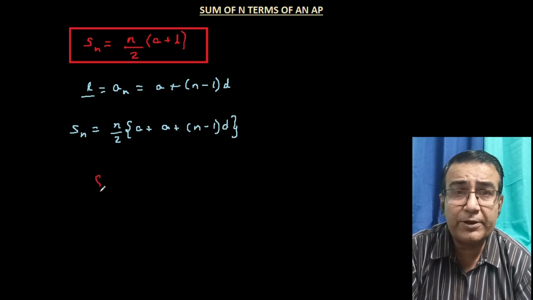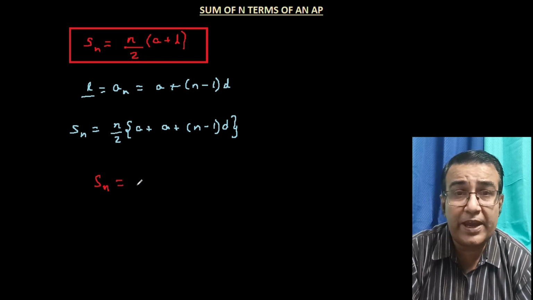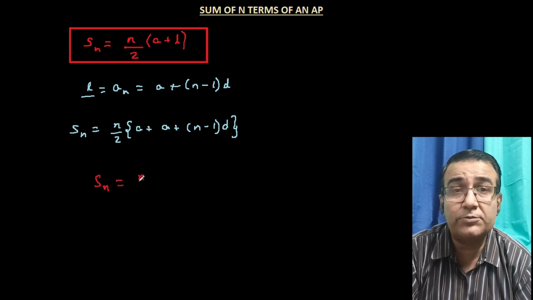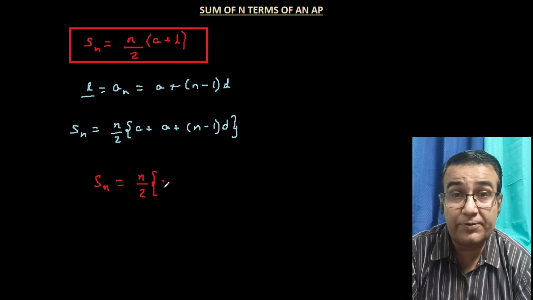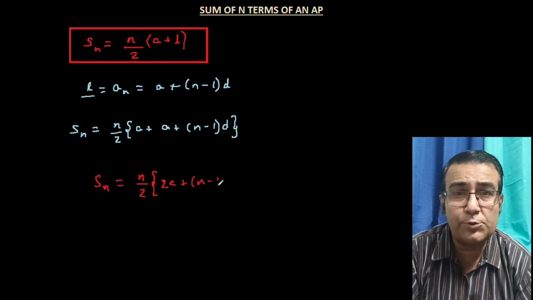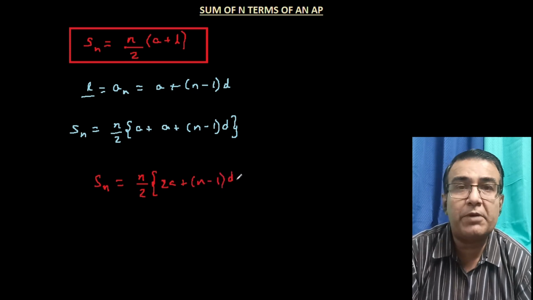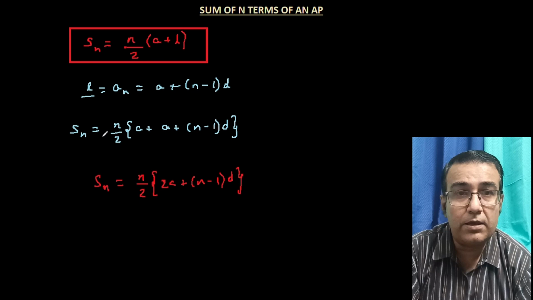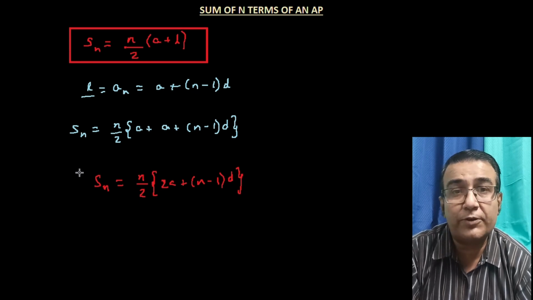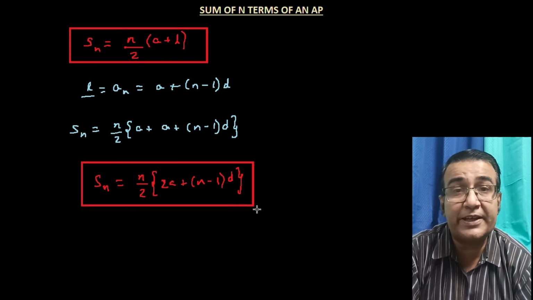Simplifying, we get the formula again: Sn, the sum of n terms of an arithmetic series, equals n over 2, the number of terms divided by 2, times 2a, since a plus a becomes 2a, plus n minus 1 times d. So that is the formula for the sum of n terms of an arithmetic series.